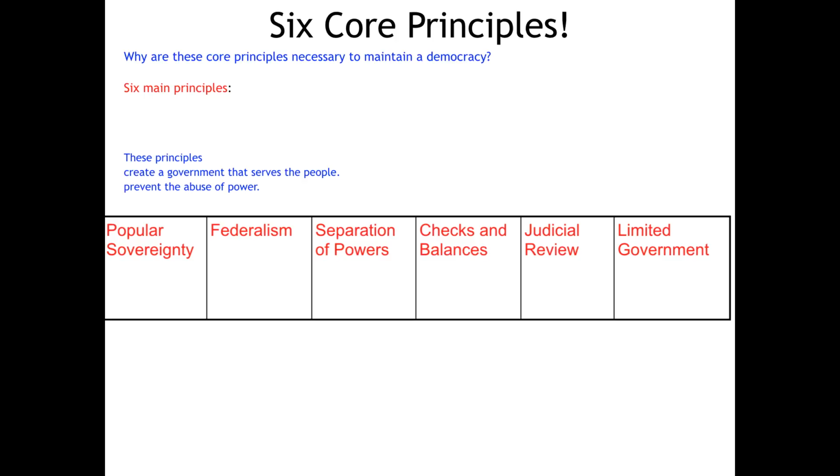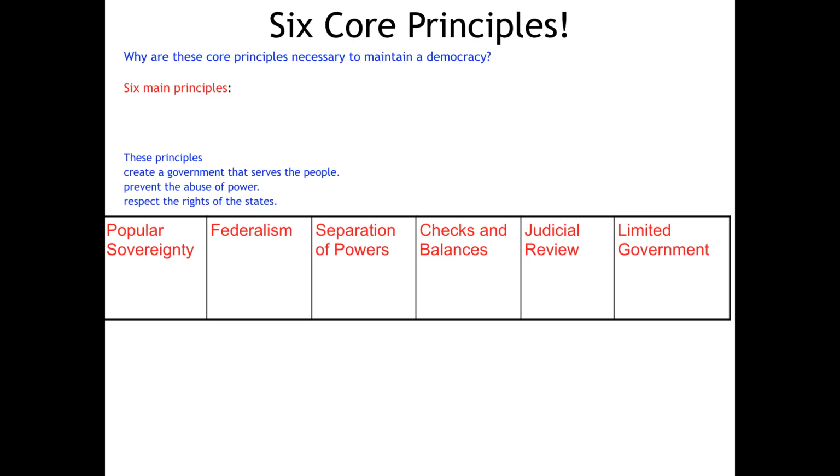And that is the gist of the current political situation, in very simple terms, between the left, which wants a more active, bigger government, and the right, which wants a smaller, less active government.